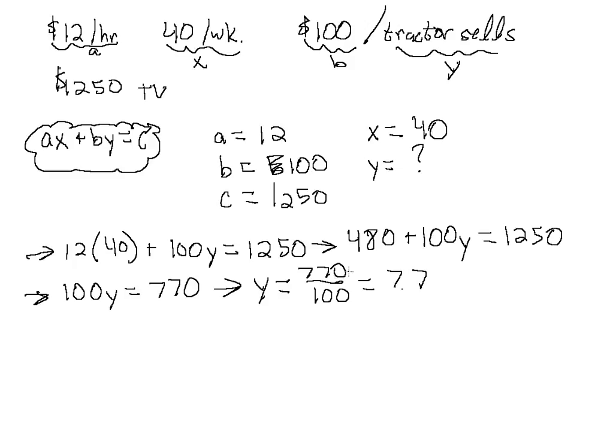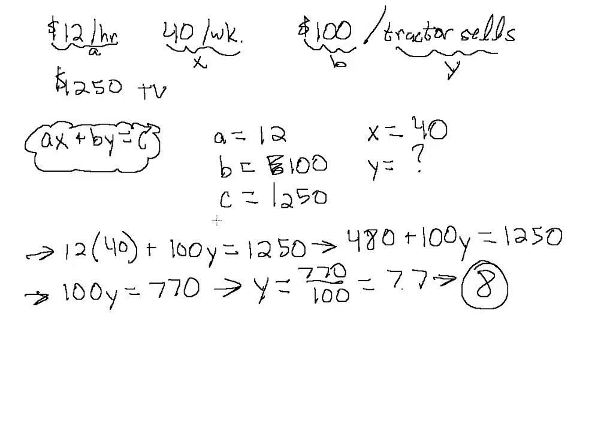So Paul needs to sell at least 8 tractors this week to earn that $1,250. We can't round down and call it 7, because if he sells 7 tractors, he's going to be a little short on the $1,250 that he needs. So he's going to need to sell 8 tractors. He'll have a little bit left over, but at least he'll be able to buy that new TV.